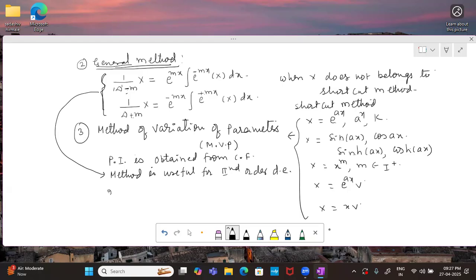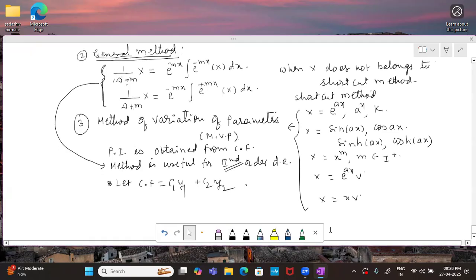Let CF be the complementary function of the second order equation. It contains C1 and C2. Suppose the multiple of C1 is Y1 and the multiple of C2 is Y2. This is a part of the procedure.